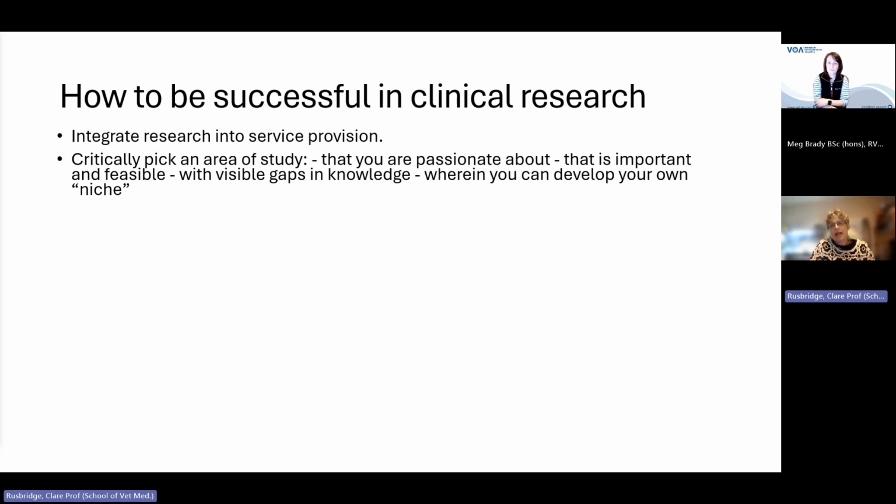Some of the best scientists I know are or were veterinary nurses who started doing research in veterinary practice. And some of the best research coming out is coming from physios, because they are seeing a vast number of animals with, say, sports injuries, which are just not being seen in veterinary practice.